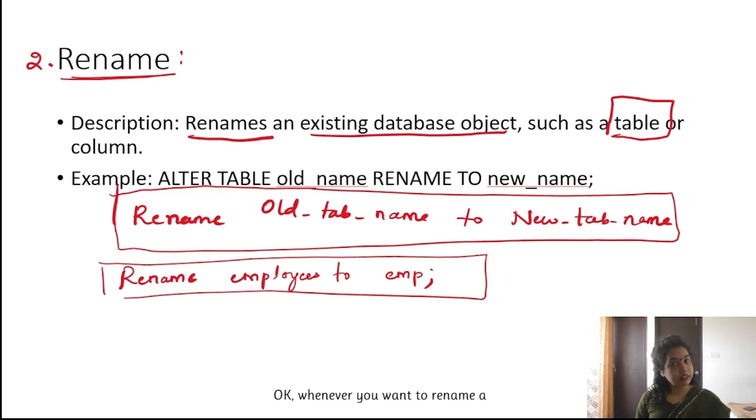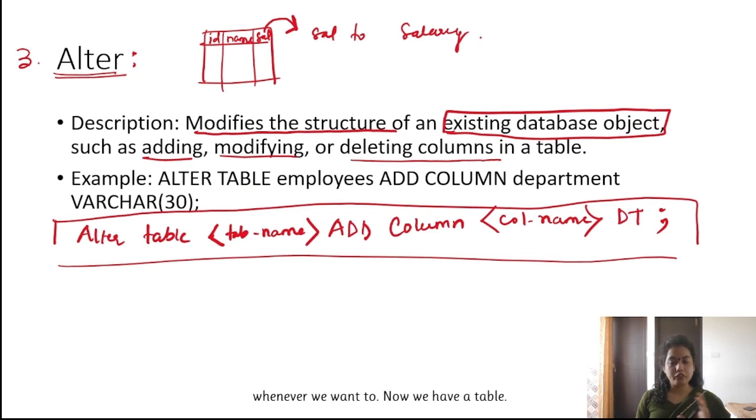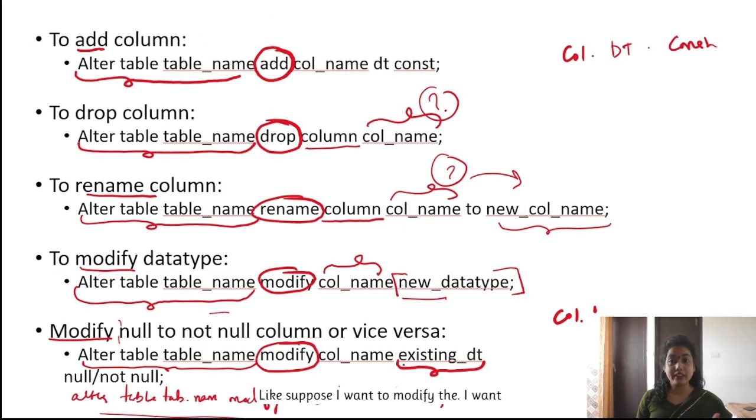Whenever we want to rename a table, we'll go with the rename statement. We have a table, now we want to alter that table, we want to make changes in that table. Suppose I want to add a column, drop a column, rename a column, I want to modify the data type of that column, or I want to modify a column that accepts null values so it shouldn't accept null values. At that time, we'll go for alter.